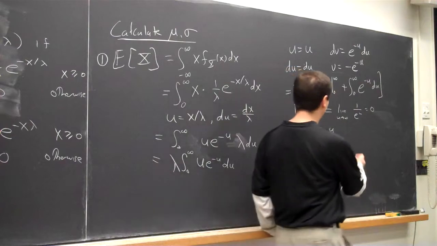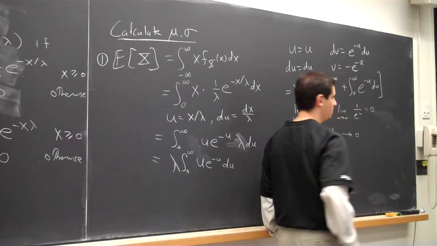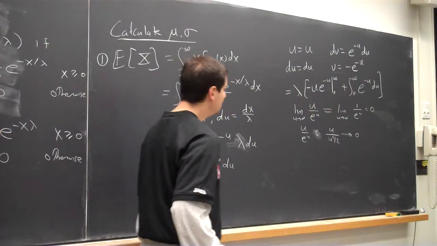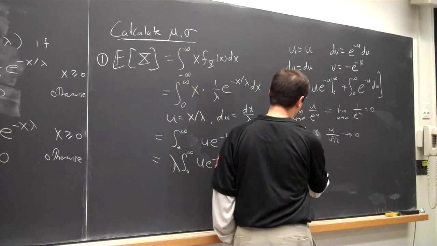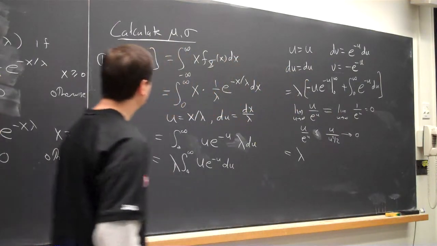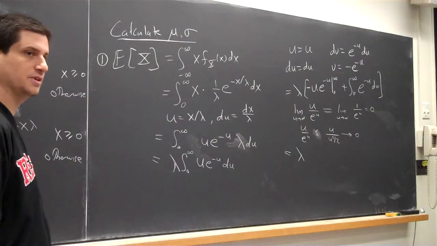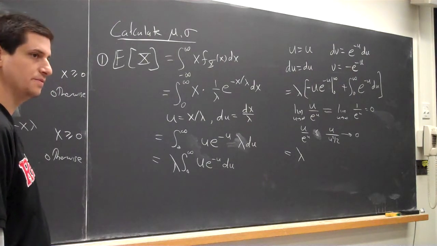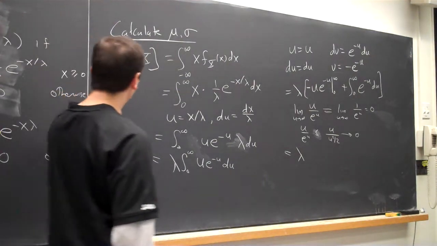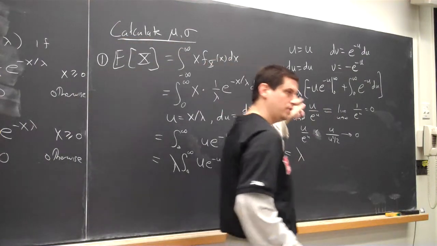And so that would be more than enough to show that the expression goes to 0. So when the dust settles, what do we get? We get the expected value of x is lambda, if we use method 1. Using normalization 1, we get lambda.